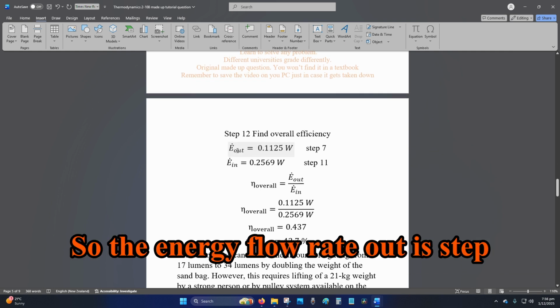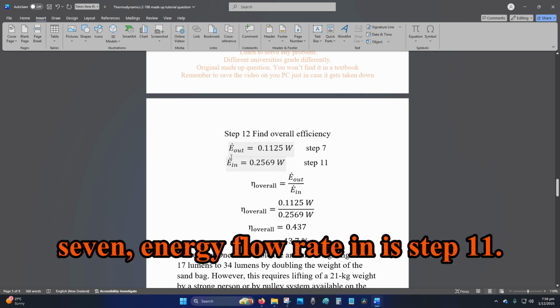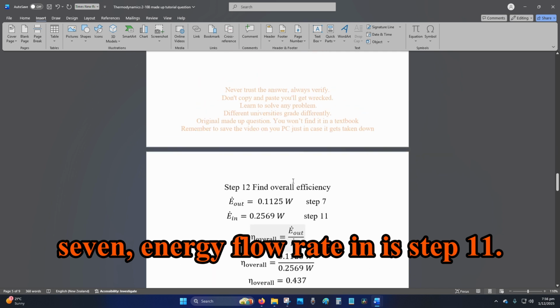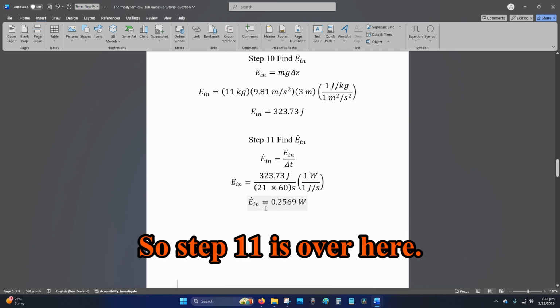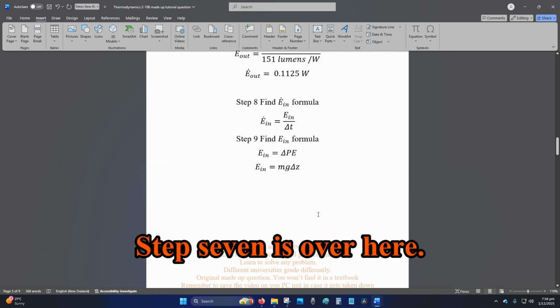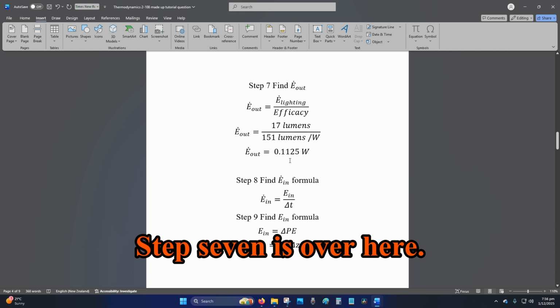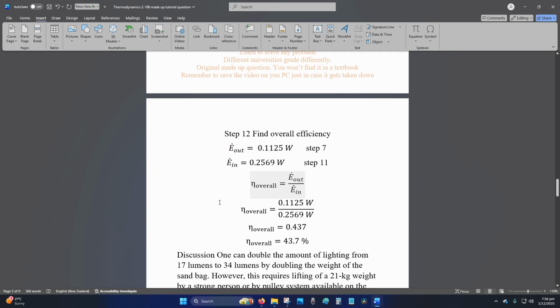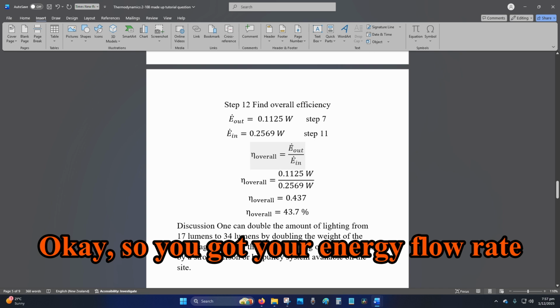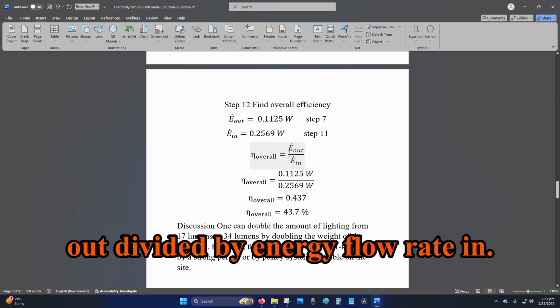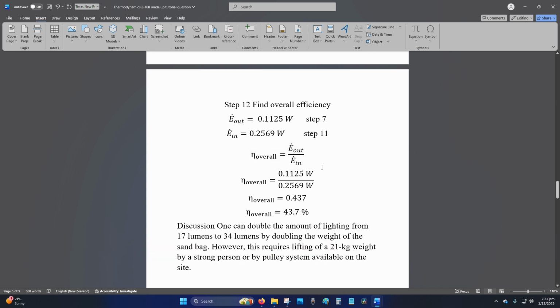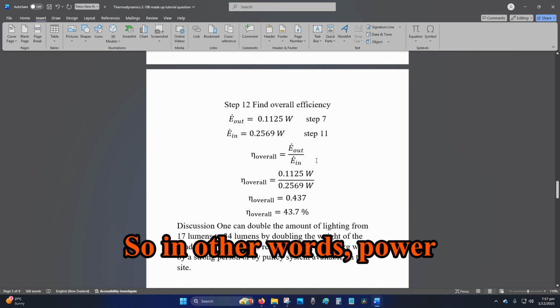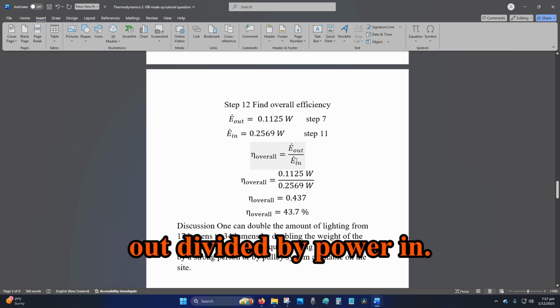Step 12, we can now fully backtrack and get the overall efficiency. So the energy flow rate out is step 7, energy flow rate in is step 11. So step 11 is over here, step 7 is over here. You got your energy flow rate out divided by energy flow rate in, in other words, power out divided by power in.